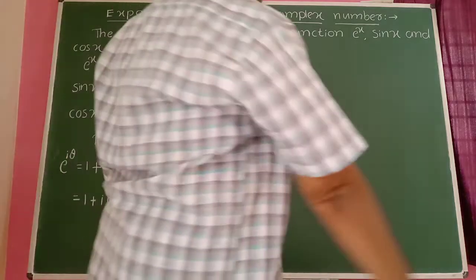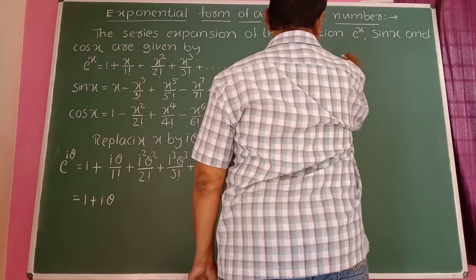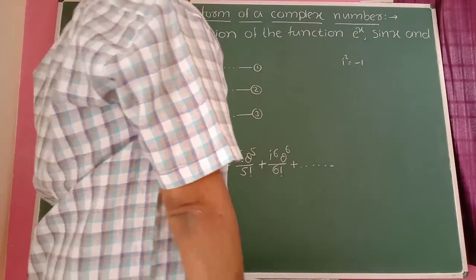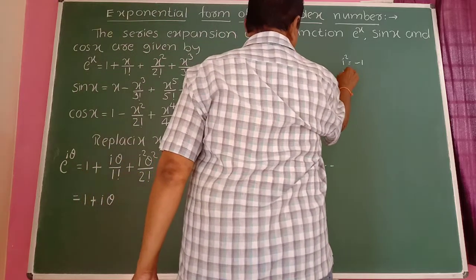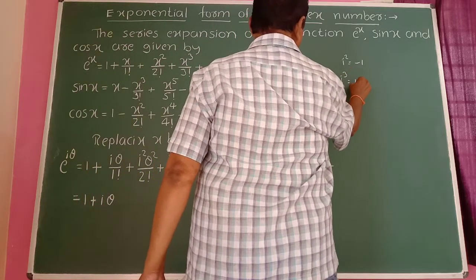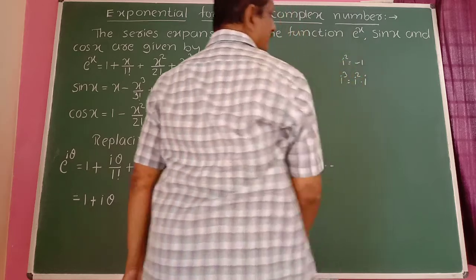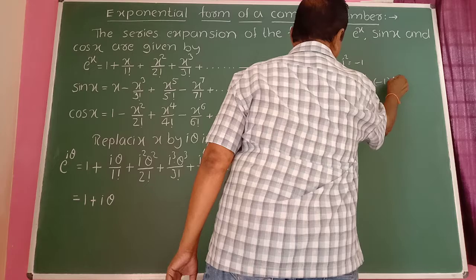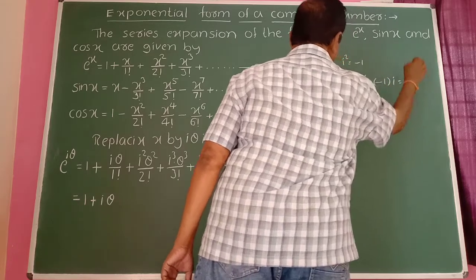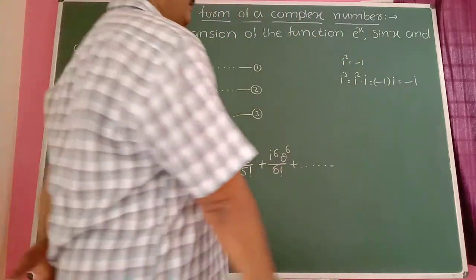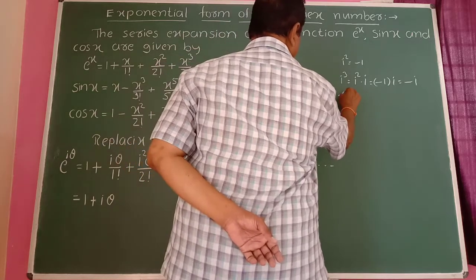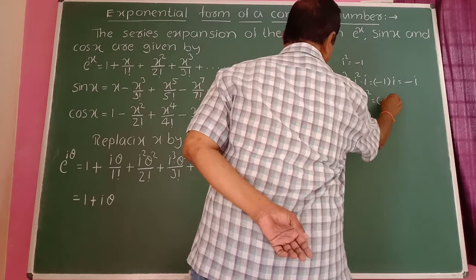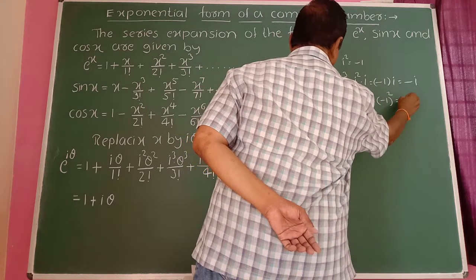And i square value is minus 1. Then i cube is i square into i, so minus 1 into i becomes minus i. Then i raised to 4 is i square raised to 2, minus 1 raised to 2, which is plus 1.